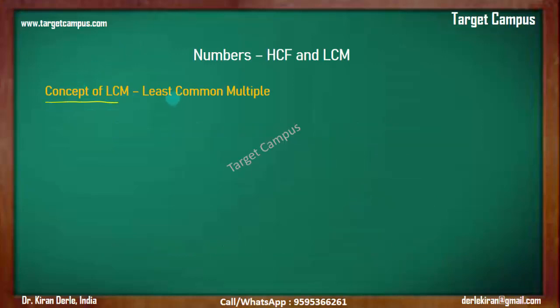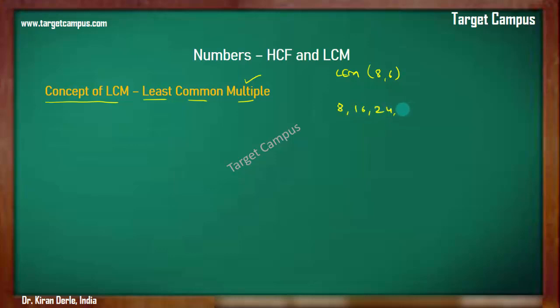Concept of LCM, least common multiple. So for example, let's say we have numbers 8 and 6 and we are asked to calculate what is LCM of 8 and 6. So multiples of 8 are 8, 16, then we have 24, we have 32, 40, 48, 56 and so on, right?